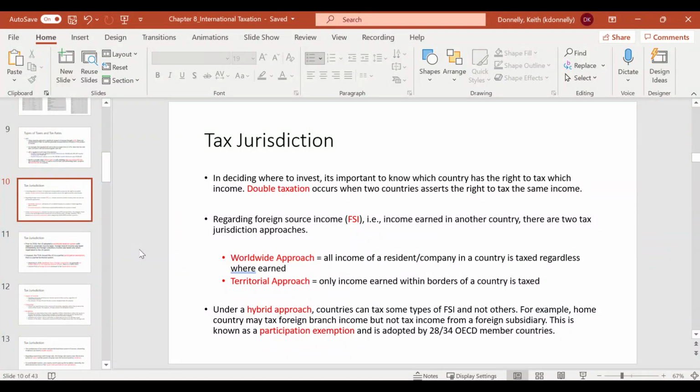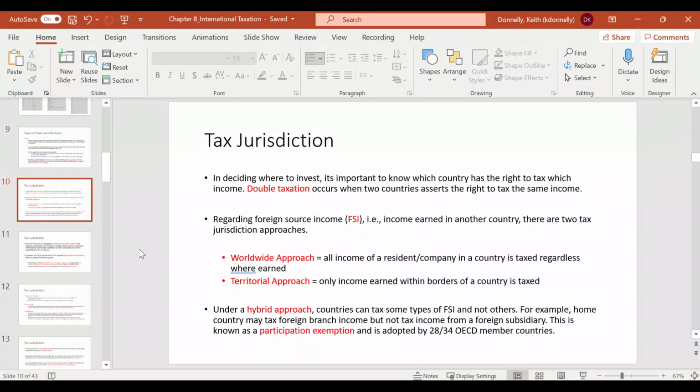In distinction, if we had a territorial approach instead, say that we had a German citizen who made U.S. income, and say Germany adopted a territorial system, in that case, Germany wouldn't tax the income because the income was made outside the borders of its country. So it's kind of like GDP versus GNP, where you just look at literally what is made in the country, the income. That's called a territorial approach.